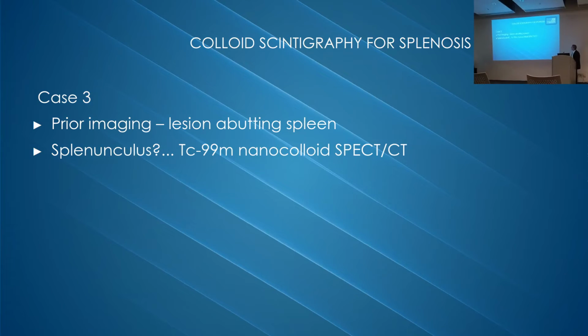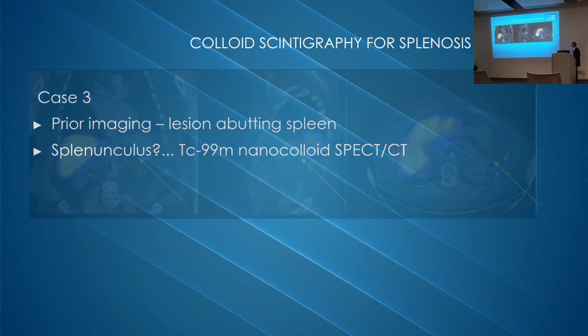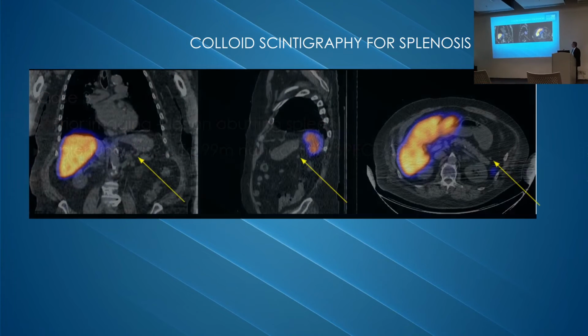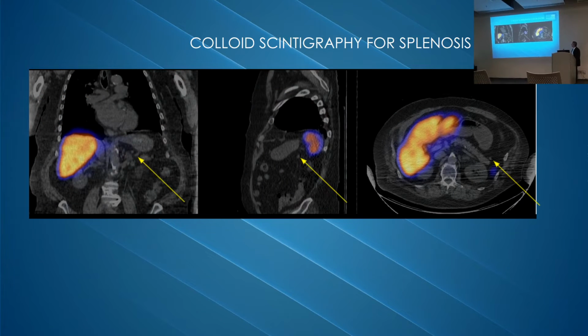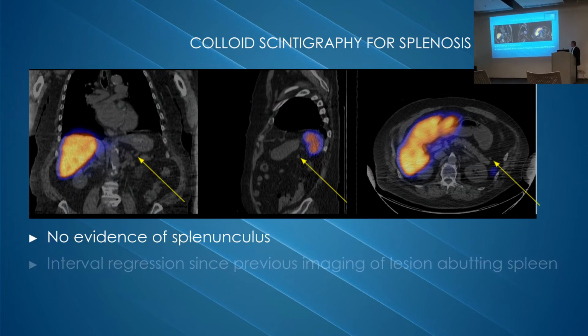Next case, number 3. So this patient had prior imaging showing a lesion abutting the spleen, query splenunculus. And we'll just skip straight to the fusion image. Here is a very small lesion with no nanocolloid uptake. No Harry this time, no evidence of splenunculus.